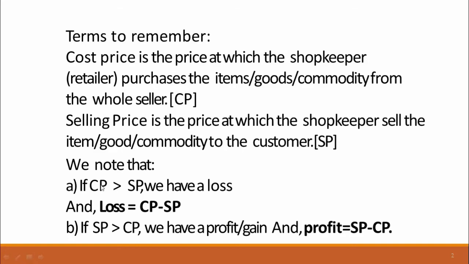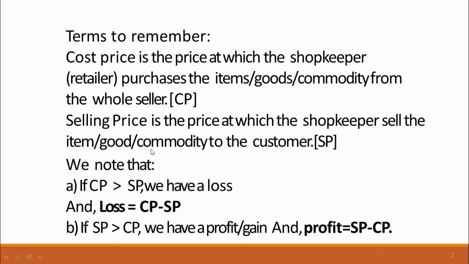So, dear students, note that by this mathematical expression, we can easily define the profit and the loss. If the cost price is greater than the selling price, we have a loss in this situation. And loss can be defined by using this formula: cost price minus selling price. And if the selling price is greater than the cost price, we have profit or gain. And profit can be defined by this formula: selling price minus cost price.